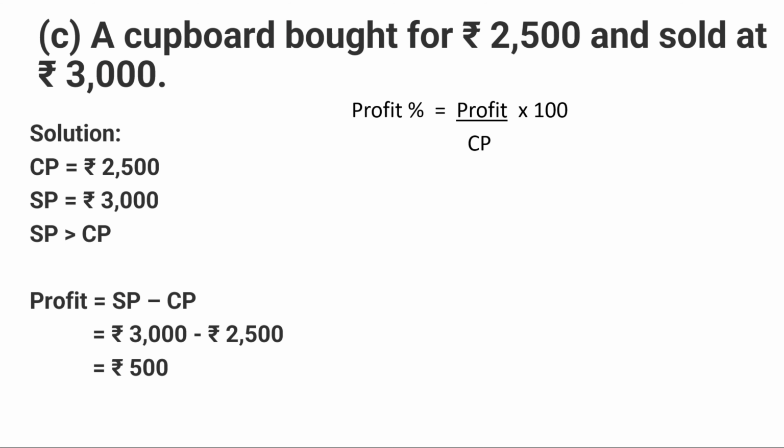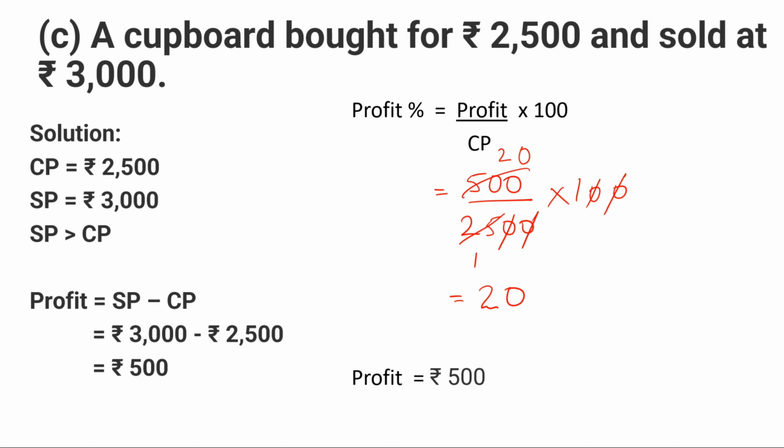Now let's solve it. So that's 500 divided by CP, 2500, multiplied by 100, cancel out. 25 ones are 25, 25 twos are 50 and 20. So that equals 20. So profit is rupees 500 and profit percent is 20.